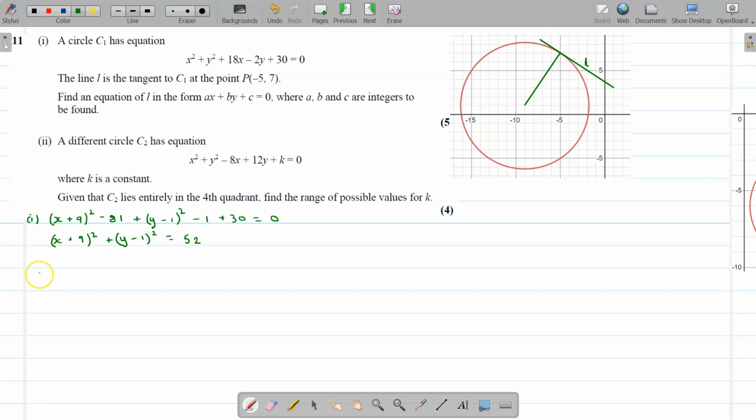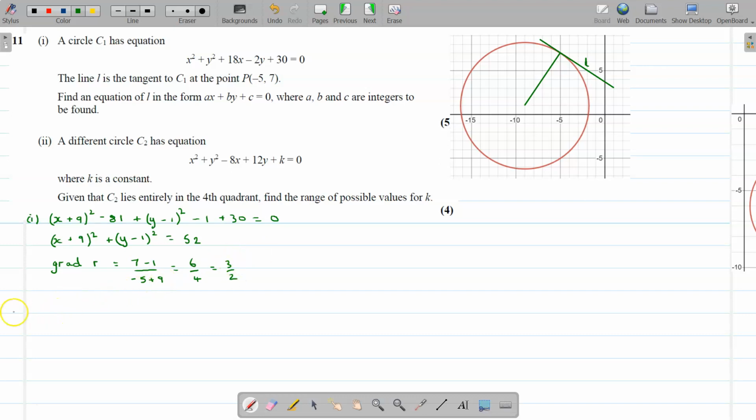The gradient of R is going to be the change in y divided by the change in x, so 7 minus 1 over -5 minus -9, which is -5 plus 9, and that is 6 over 4 or 3 over 2.